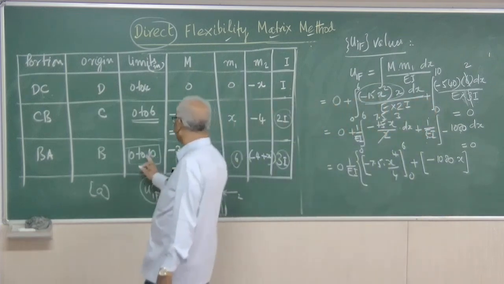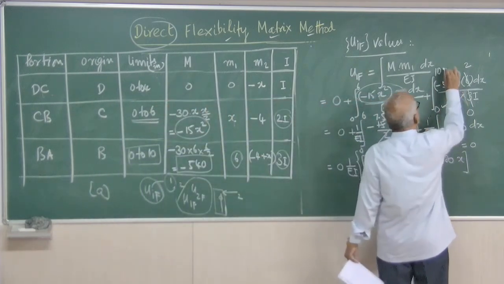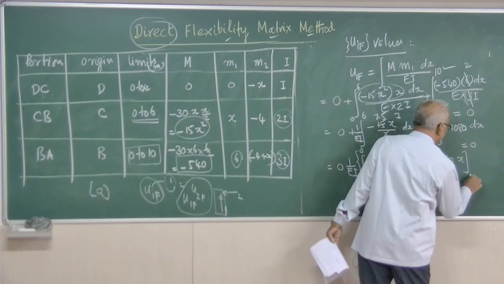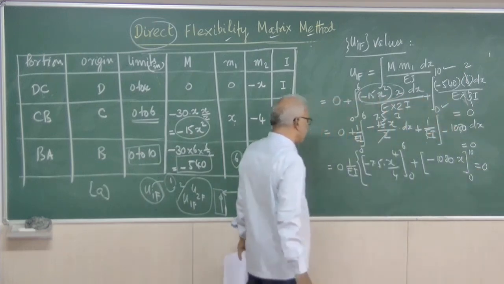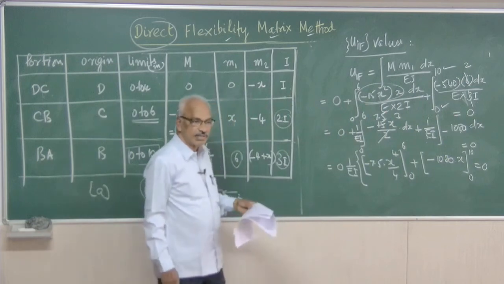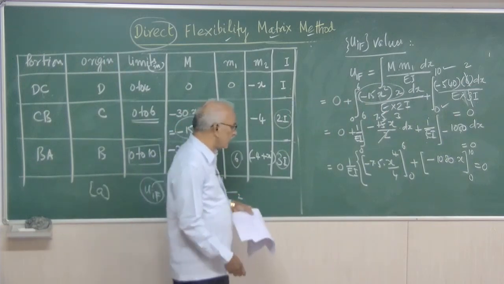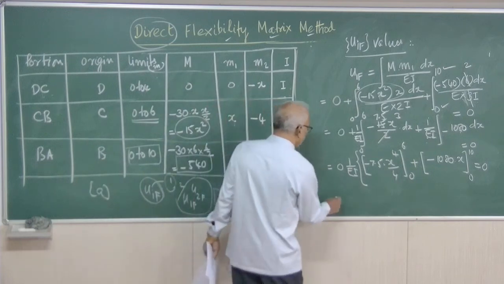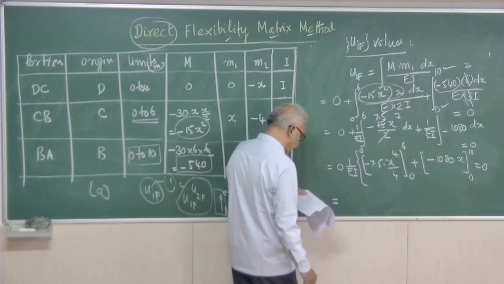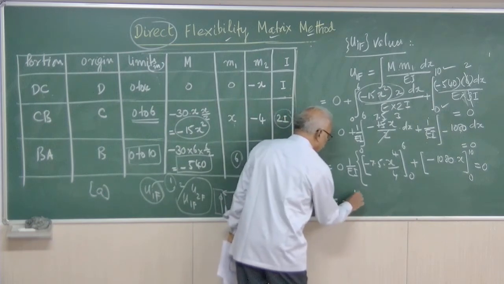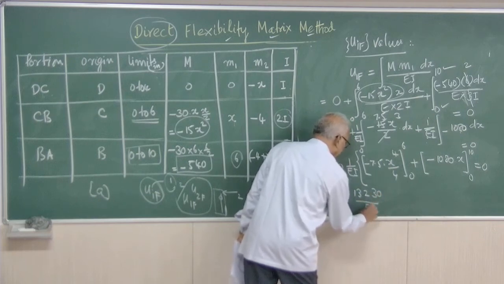So we substitute the upper limit and lower limit. On simplification, that will be equal to minus 13,230 by EI.